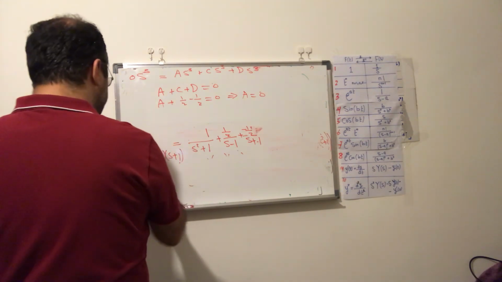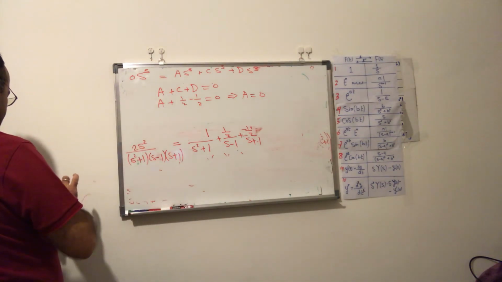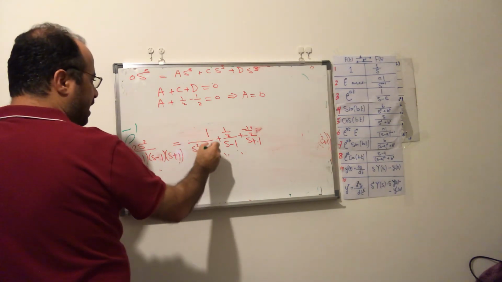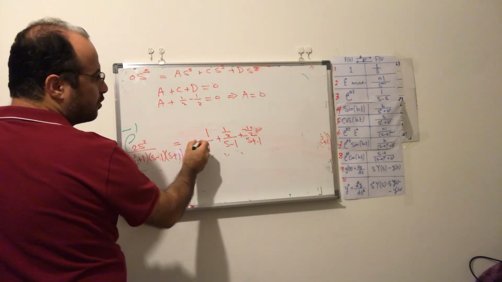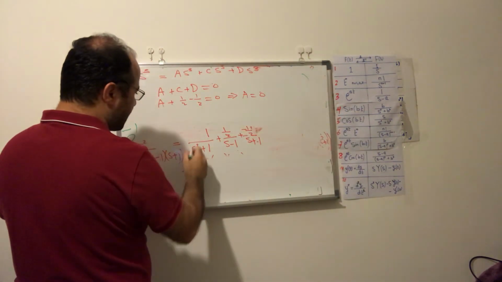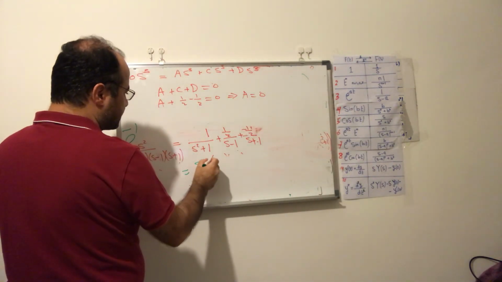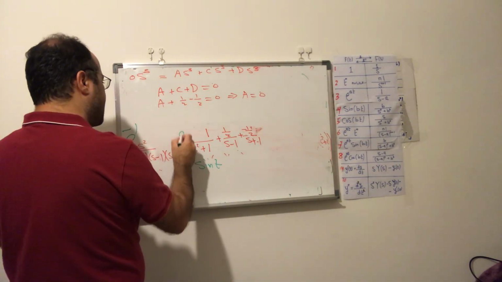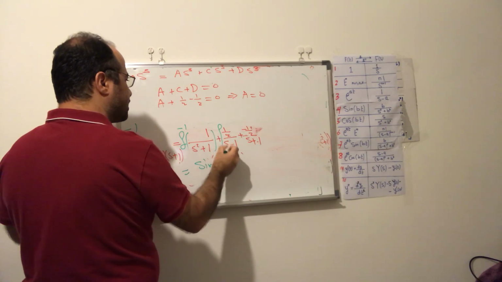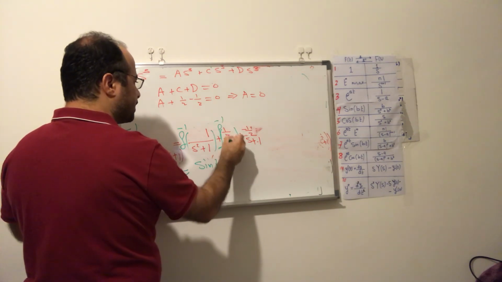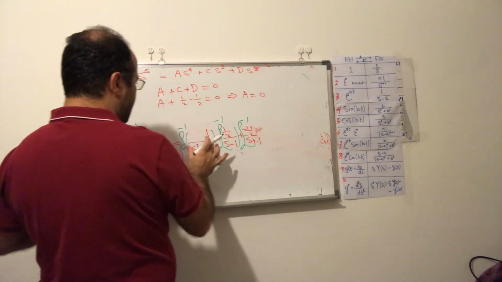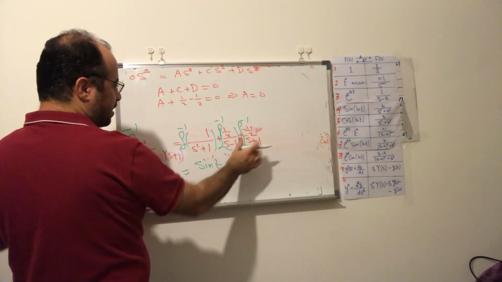Now, if you want to do the Laplace inverse, what is the Laplace inverse of that thing? If you compare with sine, you will discover that this thing is just sine t. Now, if you do the Laplace inverse of the first one, the second one, and the third one, Laplace inverse, Laplace inverse, Laplace inverse.